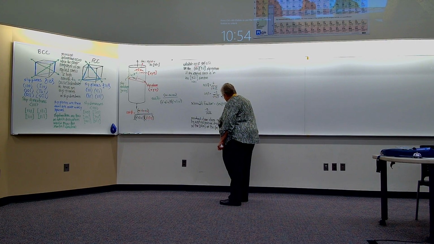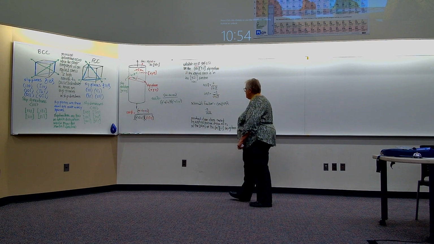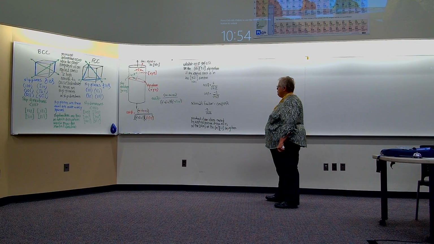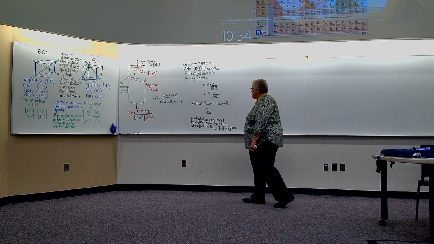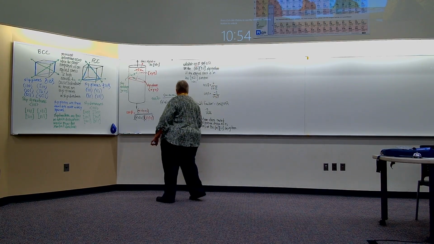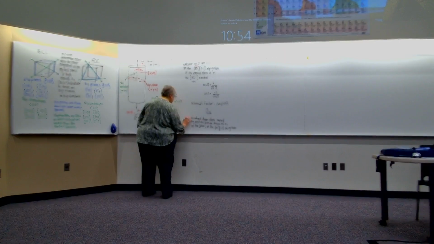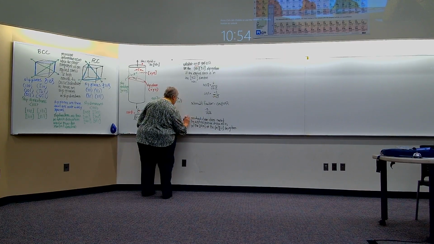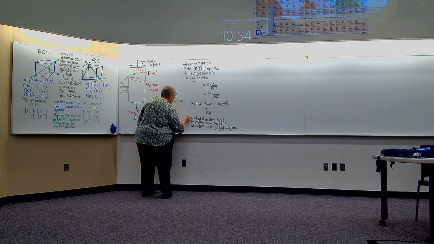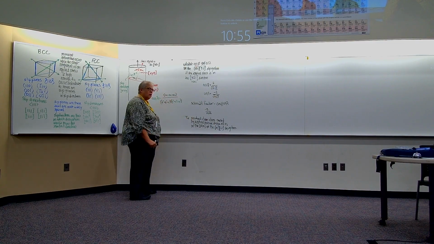And I'm going to change this X to just be sigma sub 0, so it's consistent with sigma being stress. Shear stress has a symbol of tau. And usually there's an R for resolved.